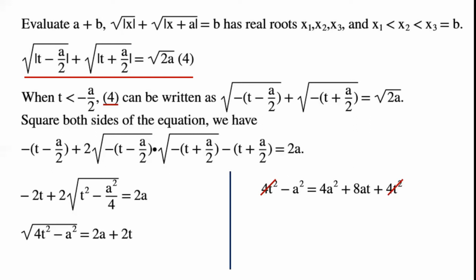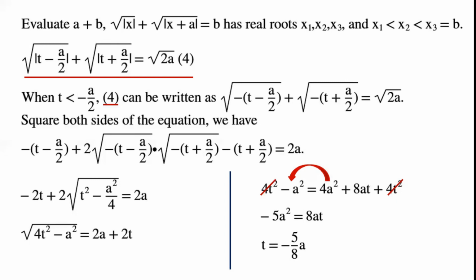4t squared on the left-hand side of the equation and that on the right-hand side of the equation cancel. By rearranging the equation, we can now write minus 5a squared equals 8at.